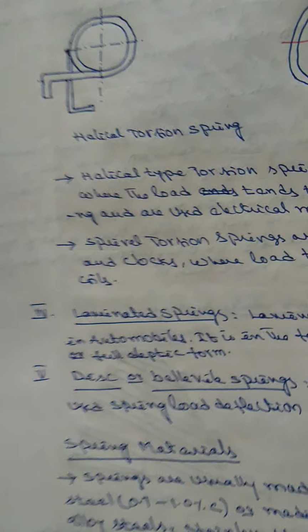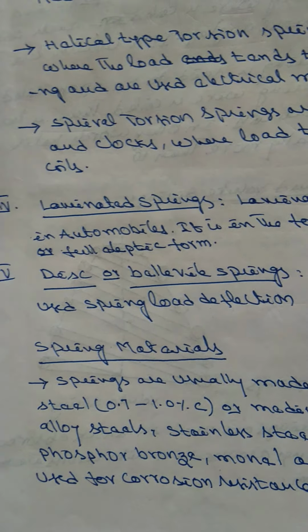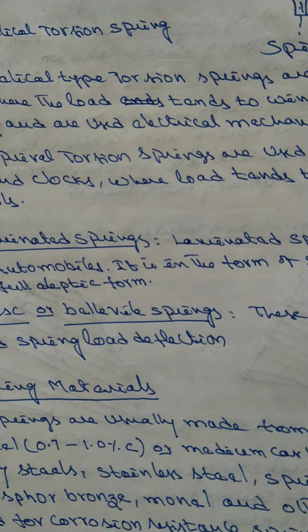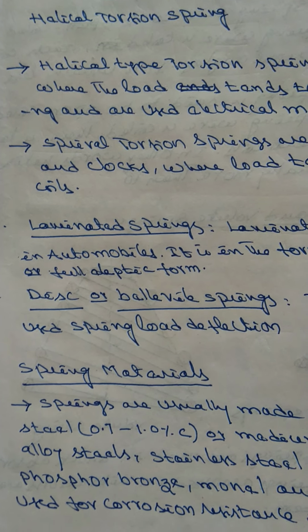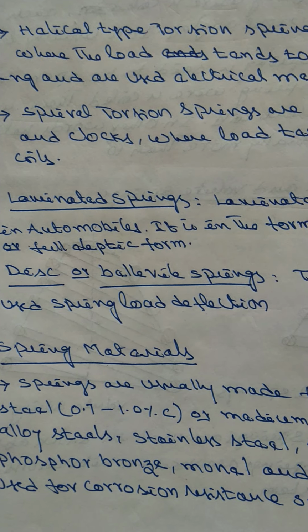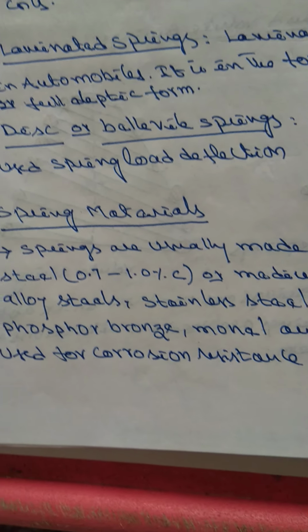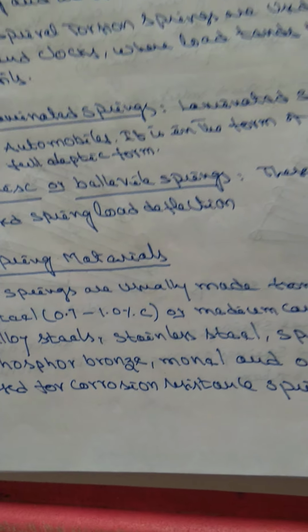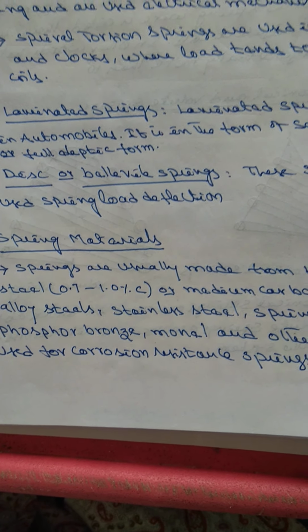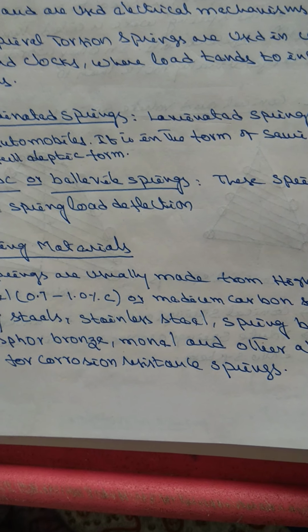Spring materials are made from high carbon steels, generally having 0.7 to 1% carbon, medium carbon steels, and spring brass, phosphorus bronze, monel and other alloys are used for corrosion resistant springs. Here is one new word, monel material. Monel means nickel and cast iron are mixed together and used to manufacture springs.